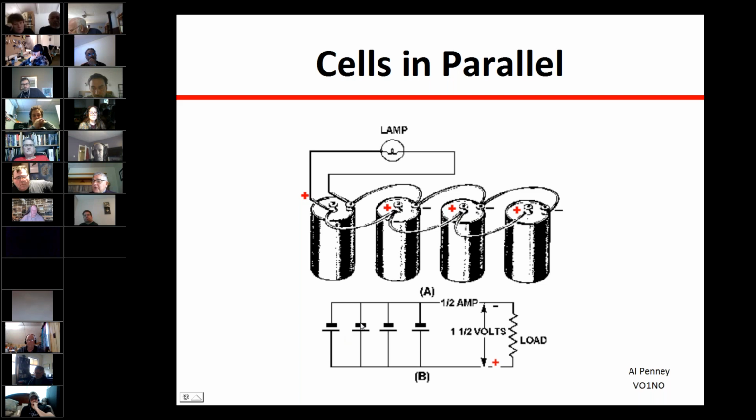This is a symbol for a cell. Okay, and the longer of these 2 lines is actually positive. The smaller one is negative. And here you notice that positive is connected to positive, connected to positive, connected to positive, and negative to negative to negative to negative. And we can still measure 1.5 volts here into this load, which is just a generic load. In this case, happens to be a lamp.